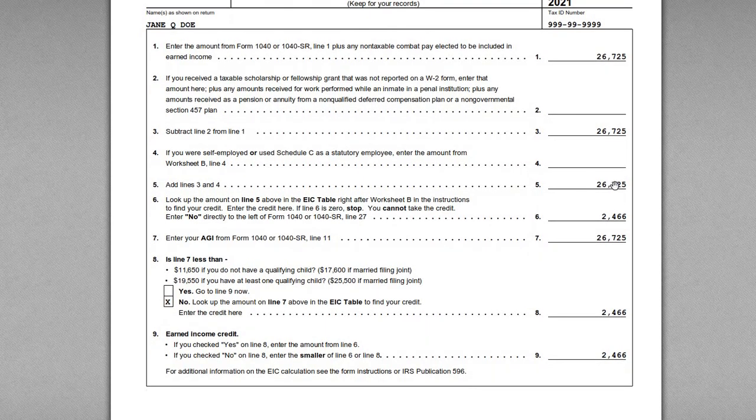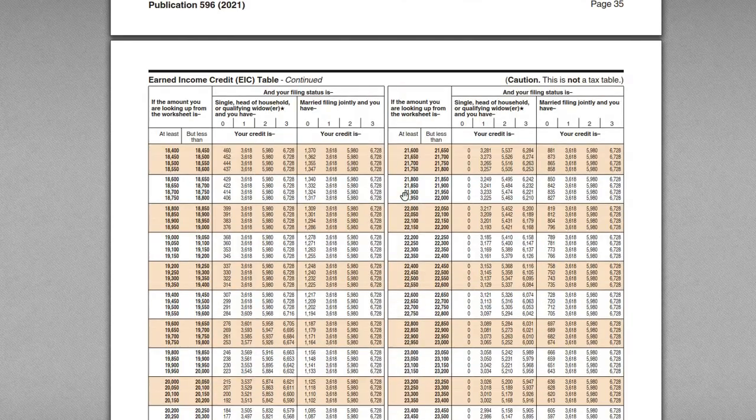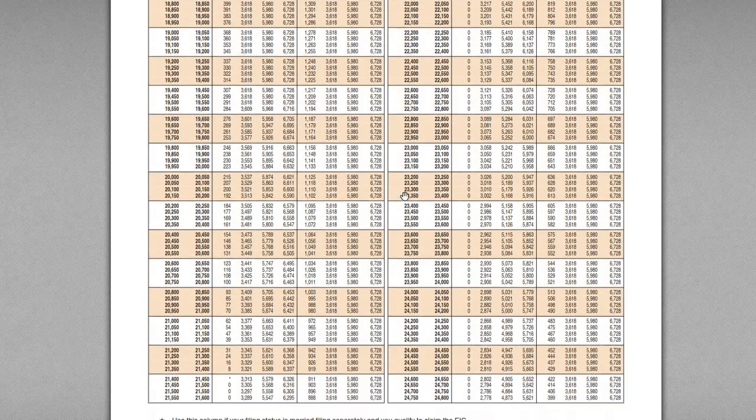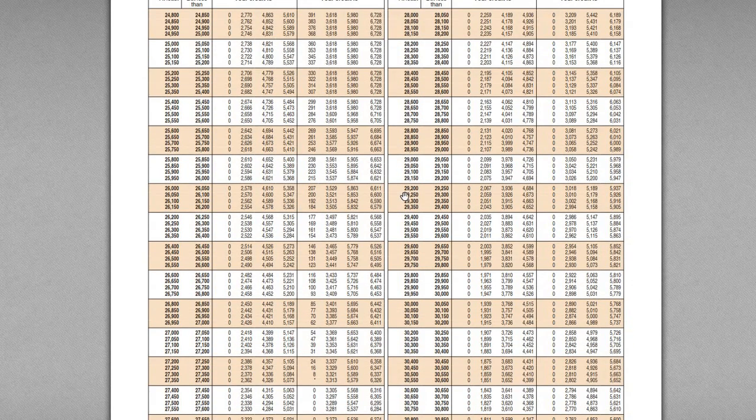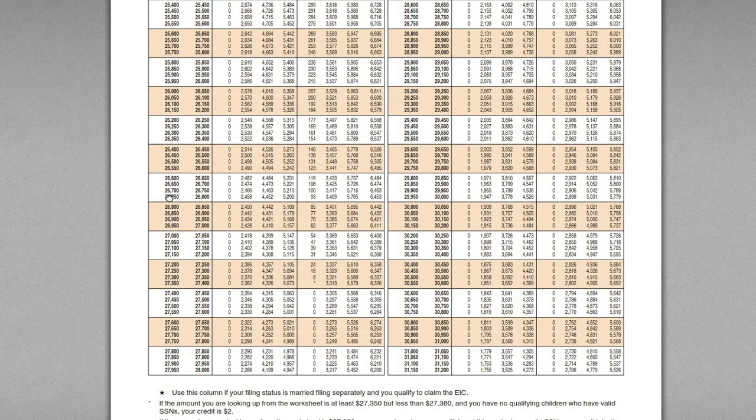Now, once that total is computed, we start to reference the EIC worksheets. So $26,725 is our earned income per this worksheet. If we go back to publication 596, now we're going to scroll down until we find our income within $26,725. So remember, it's all in $50 increments. So if we go down here, let's see, $26,700, $26,750. So that's our range, $26,725.